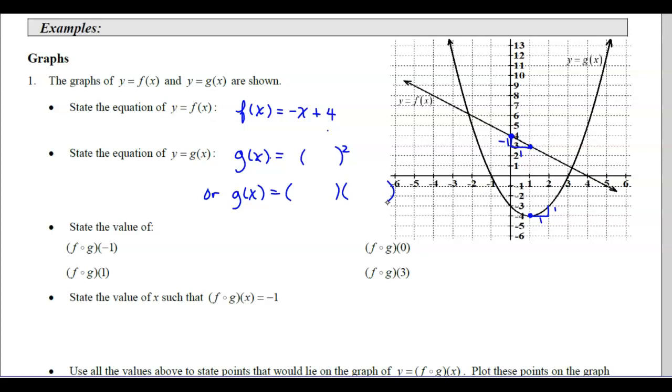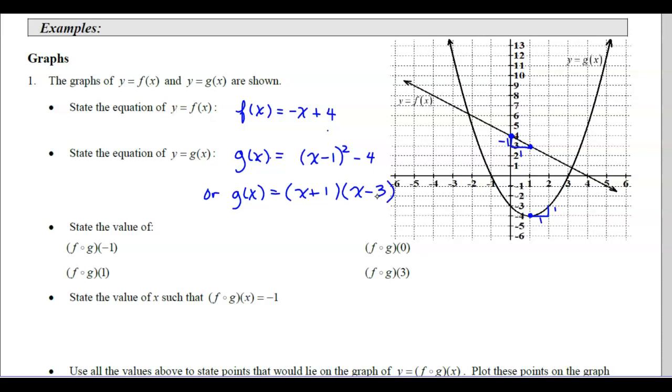So if you do vertex form, then the vertex is at 1, -4. You take a look, the stretch factor is 1. Positive, so nothing in front. Okay, if you do factored form, then the factors would be x plus 1 and x minus 3. Again, nothing in front because there hasn't been a stretch. Okay, so either way.